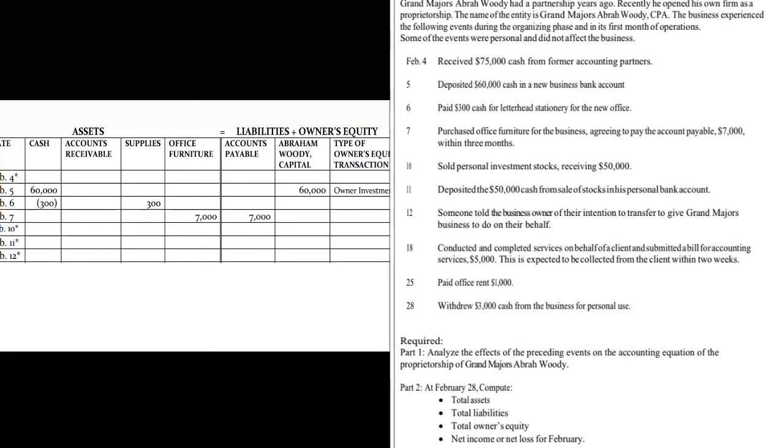Let's continue. February 18th, conducted and completed services on behalf of a client and submitted a bill for accounting services, $5,000. This is expected to be collected from the client within 2 weeks. So, Grand Majors Abra with the CPA conducted and completed services for someone. So, you did some work, right?